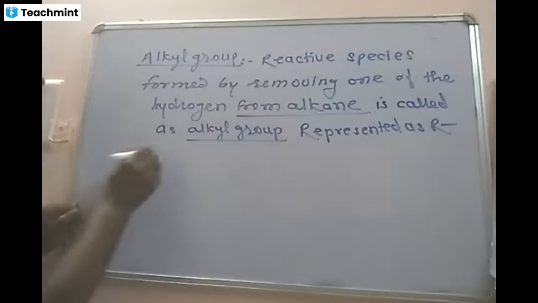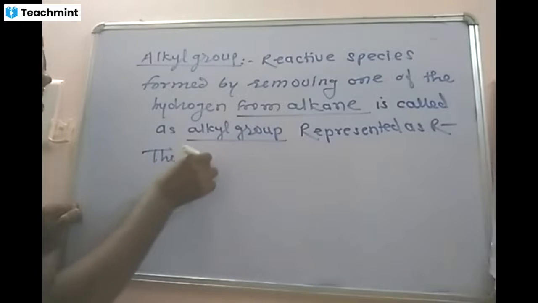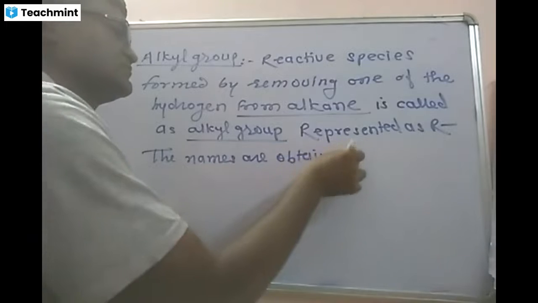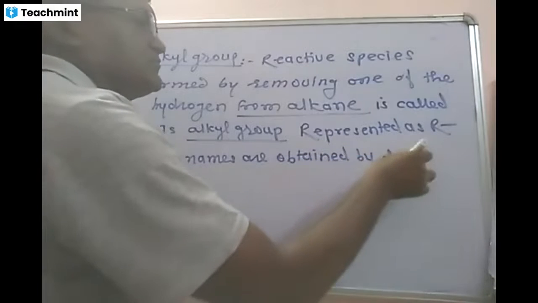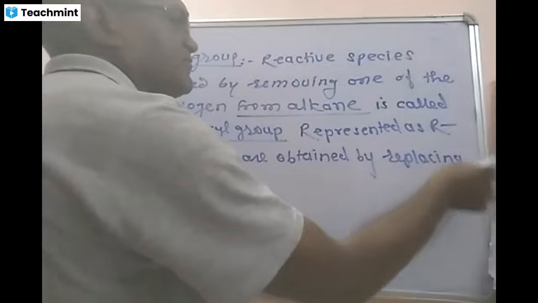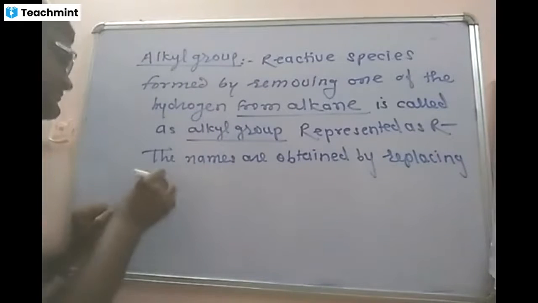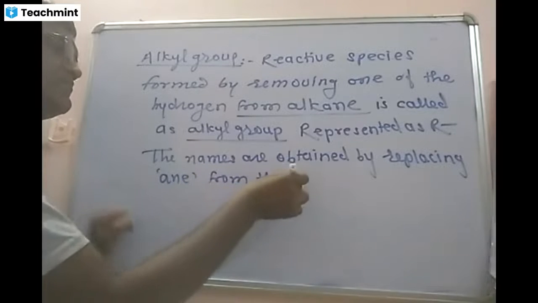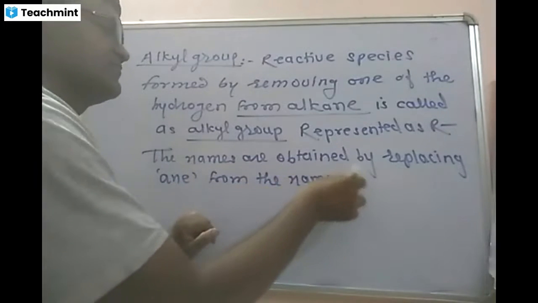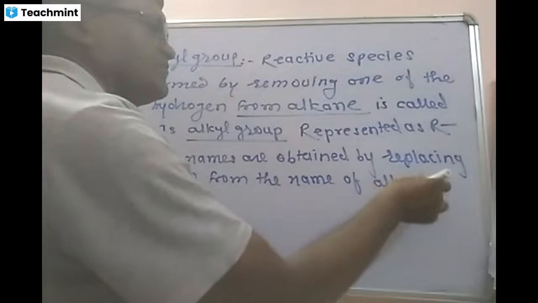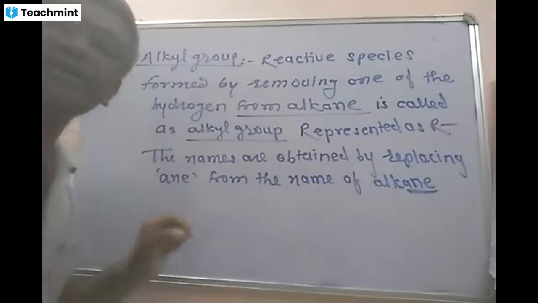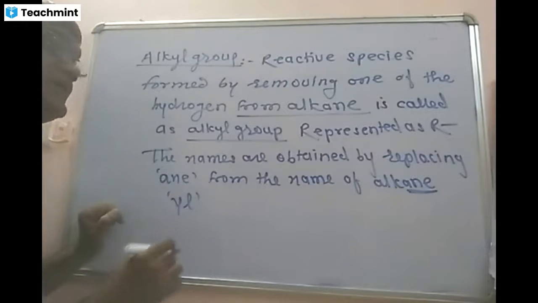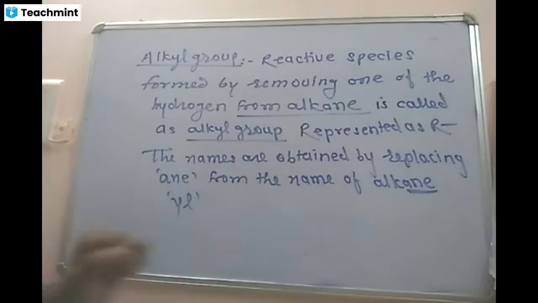So the names are obtained by replacing ANE from the name of alkane. ये जो अल्केन के नाम में एंड में ANE आता है, that is replaced by YL. That is why you are saying alkyl group.